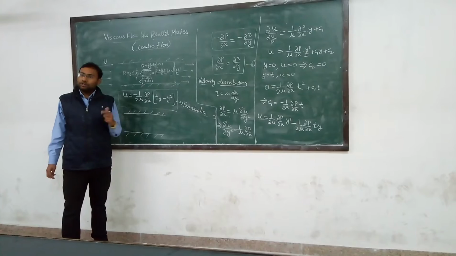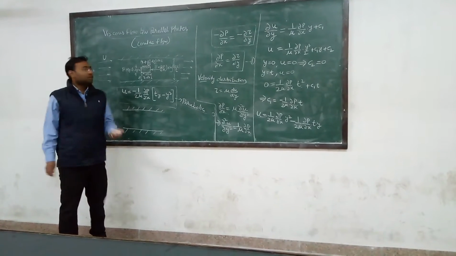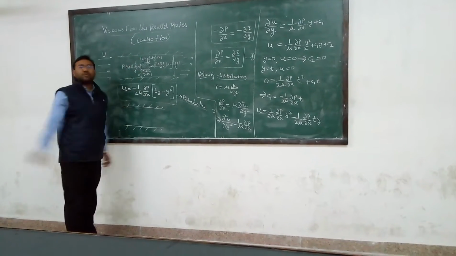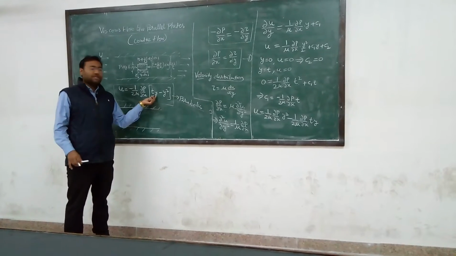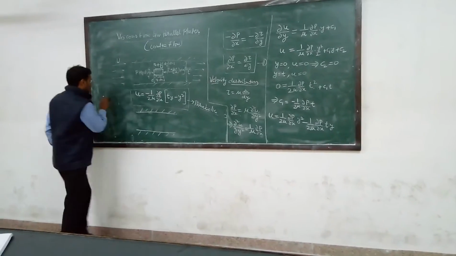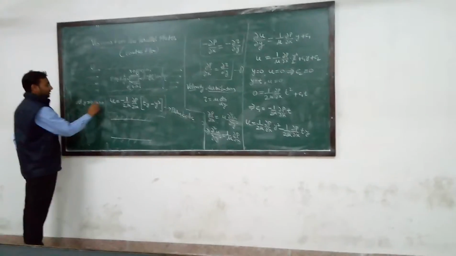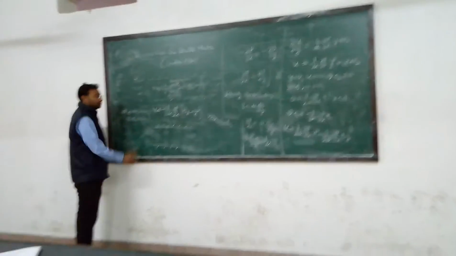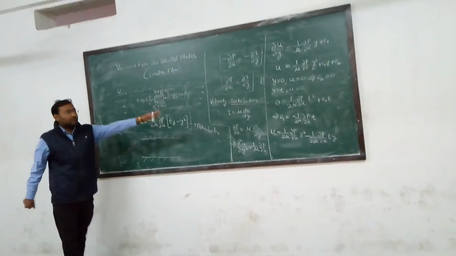If y is equal to t, again velocity is equal to 0. Means the velocity at the surface of those plates will be 0. And then substitute y equal to t by 2. These are the boundary conditions of our assumption.